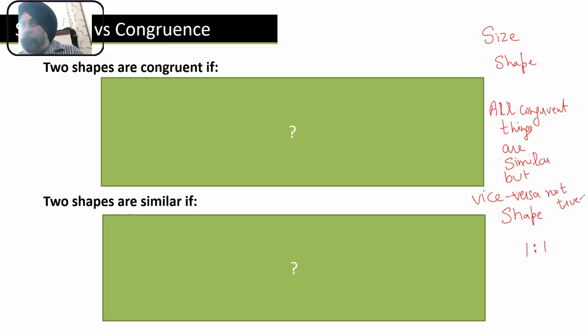We have already discussed why: if the ratio is not 1:1, then they are not going to be congruent. Okay, let's move on to the next slide.